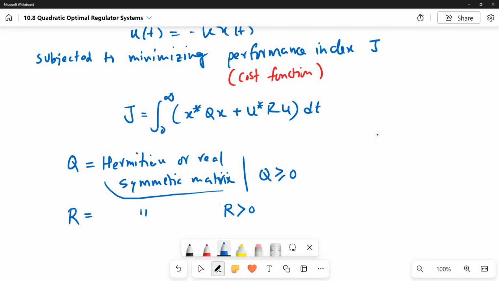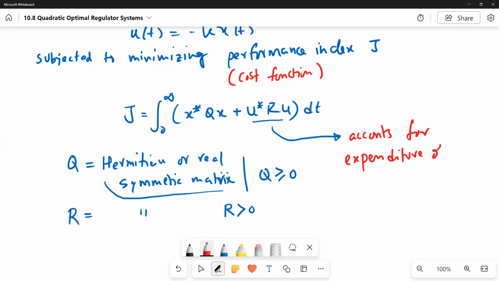Now, this term here stands for the energy input, the expenditure of energy of the control signal.